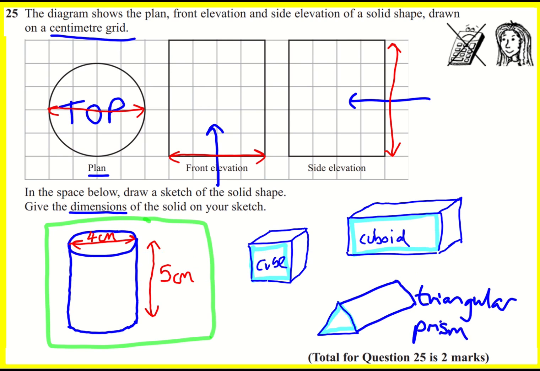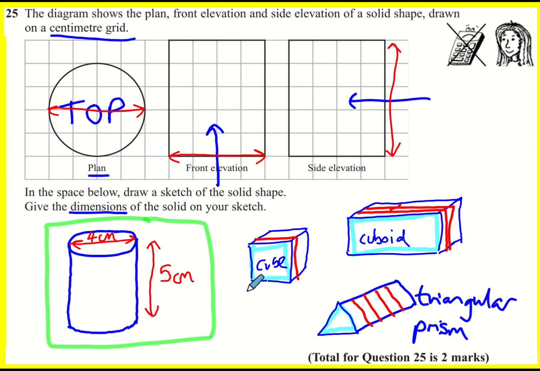What's a prism? A prism means that if you cut it anywhere in that direction, same here, if you cut it along this line here, if you cut it here, you would always see the shape that is the cross section.